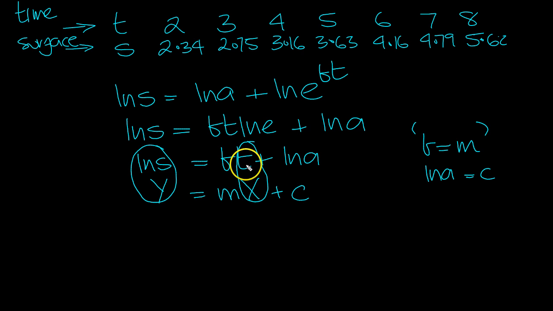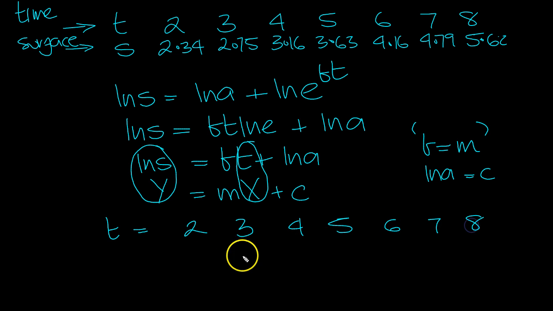So we're going to have to draw T against log S. So T equals 2, 3, 4, 5, 6, 7, 8. And we need to plot log of S on a chart.